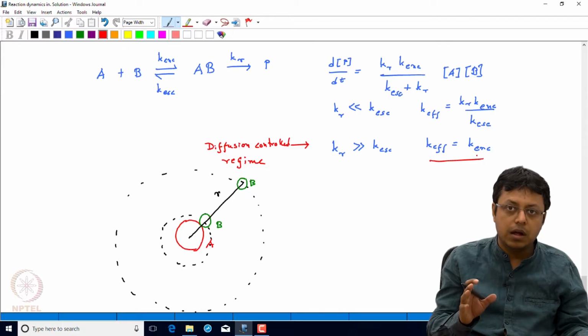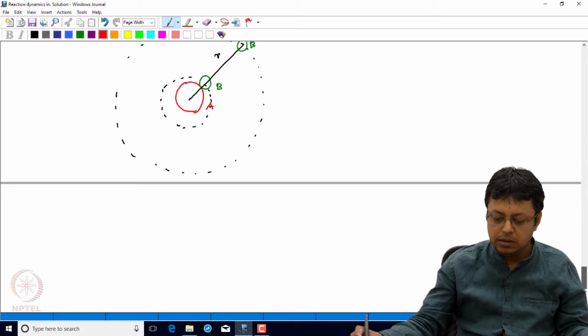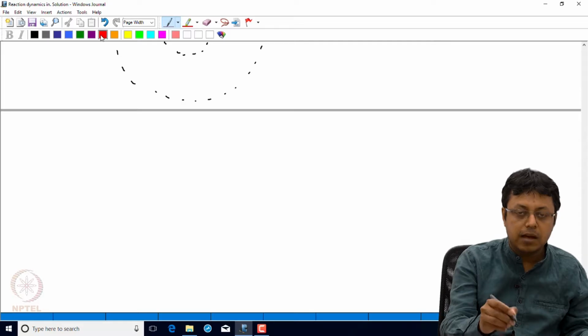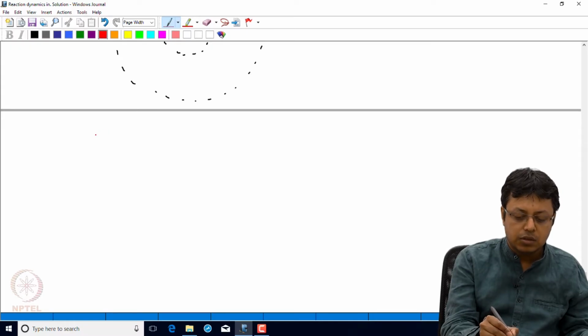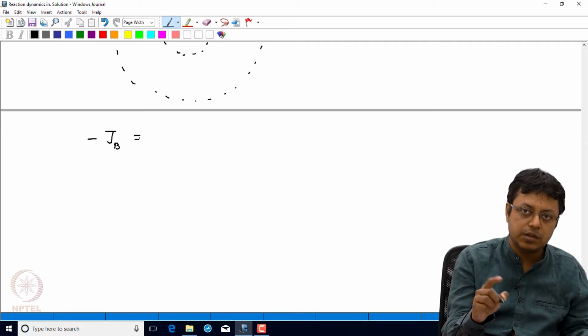Now, in order to approach this problem, let us first start with our formula for reactive flux. In this case, we will just use the flux and we will connect it to the reactive flux later. So, the flux of B molecule, we are writing as minus J_B, because in the flux equation there is a minus sign.